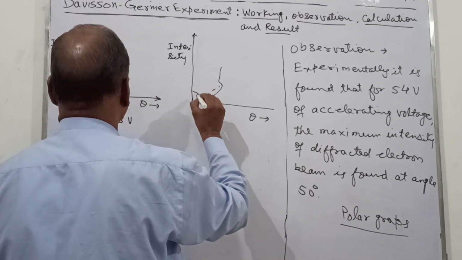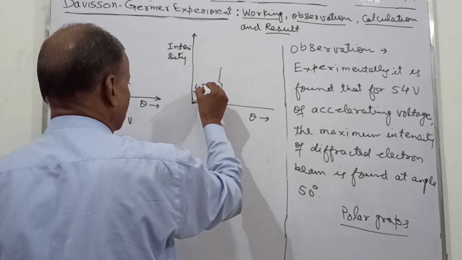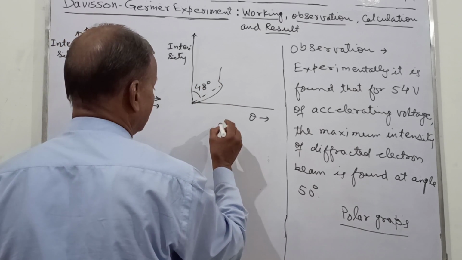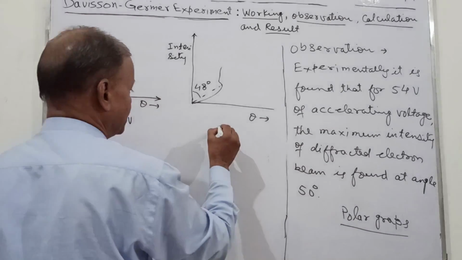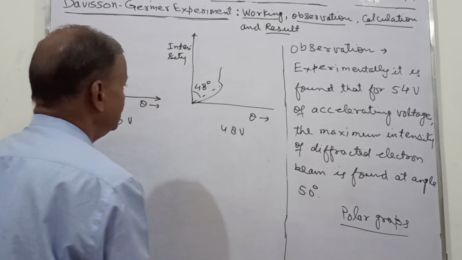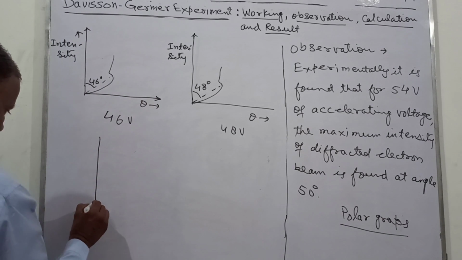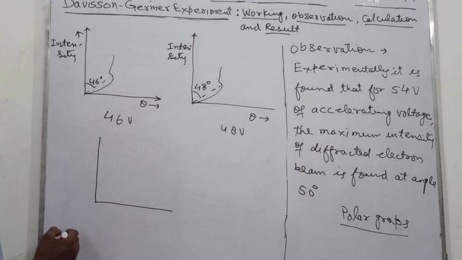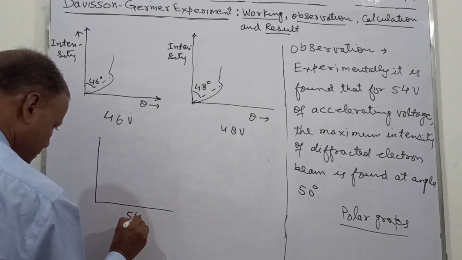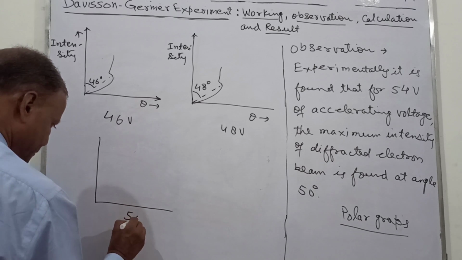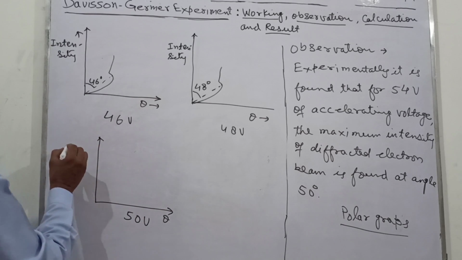Suppose this is 48 degree, and the accelerating voltage, suppose 46 volt, now 48 volt, and then we get the graph. This is suppose now 50 volt. Here we take the angle theta, here the intensity.